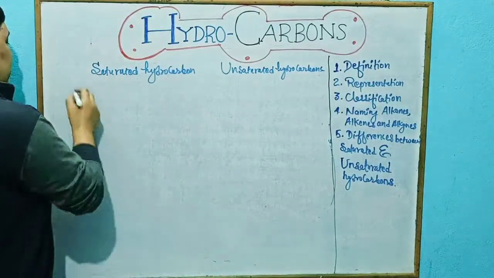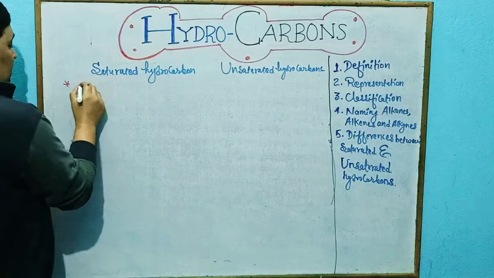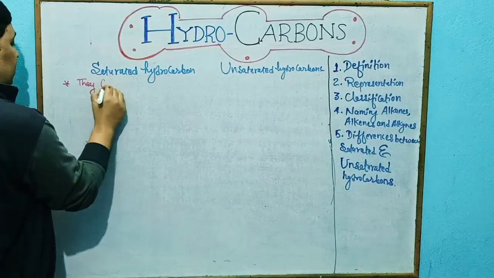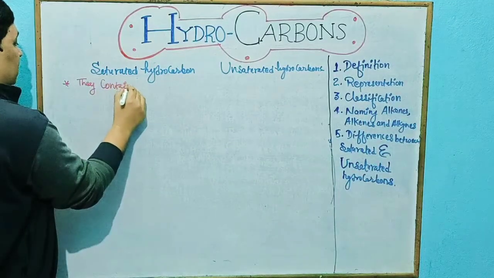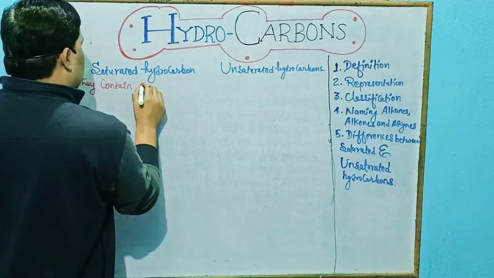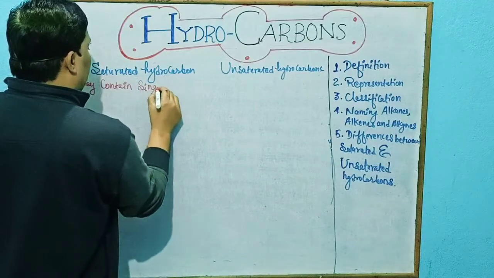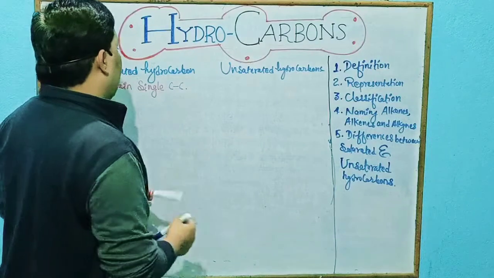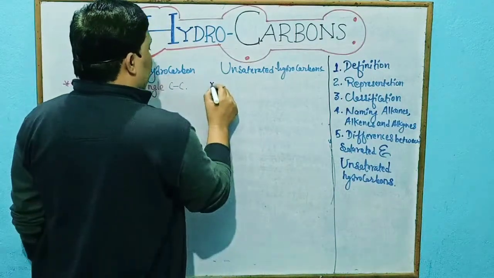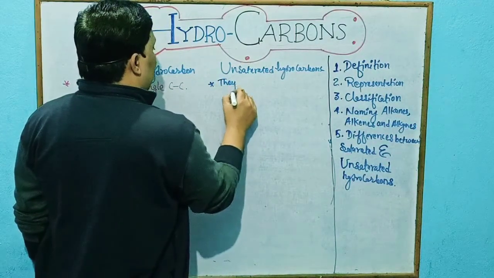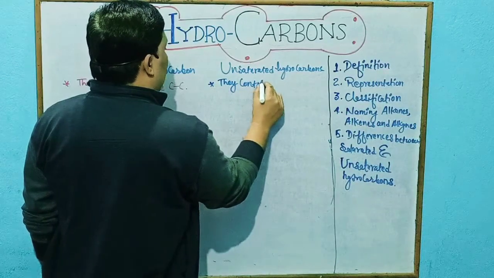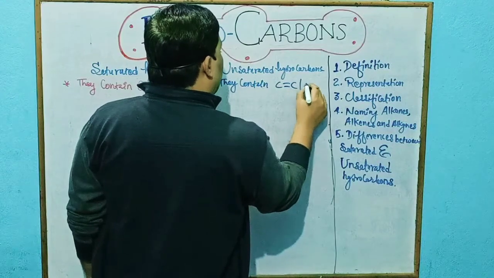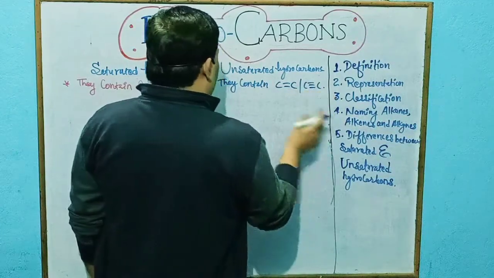The first difference is: saturated hydrocarbons contain single C-C bond, whereas unsaturated hydrocarbons contain double or triple C-C bond.